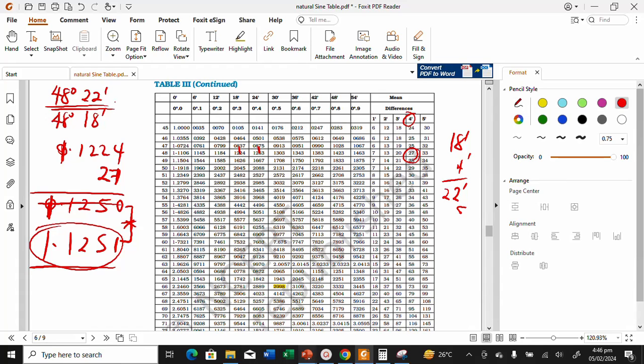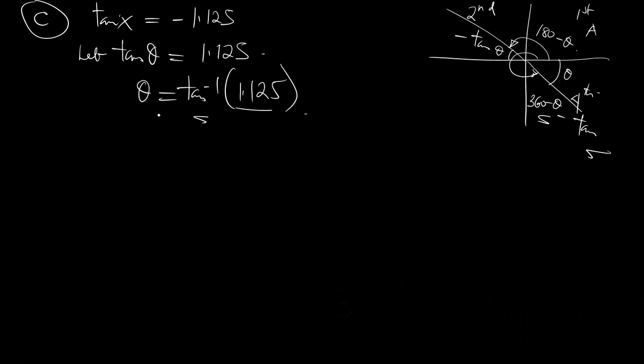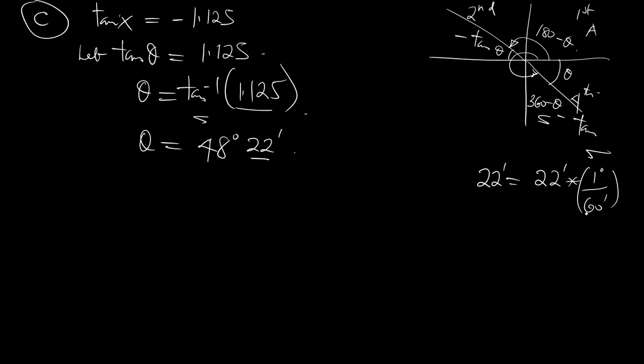So now let's go back to the table. That means theta will now be equal to 48 degrees 22 minutes. For us to convert this 22 minutes to degrees, we say 22 minutes times 1 degree divided by 60 minutes.